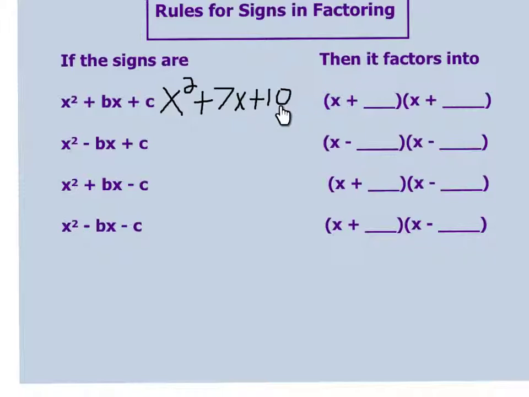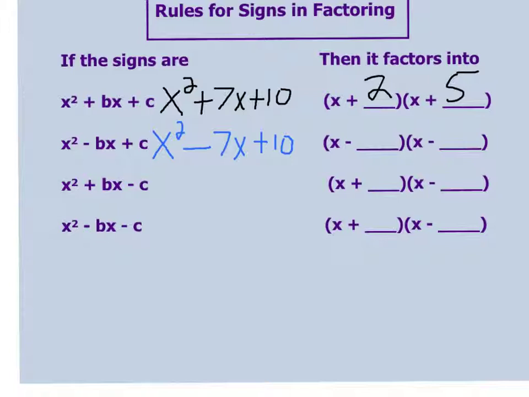So what times what is 10 but adds to 7? That's going to be 2 and 5. Let's check. 2 multiplied to 5 is 10, and 2 plus 5 is 7. So that works. Notice these are two pluses.